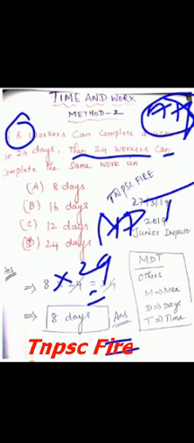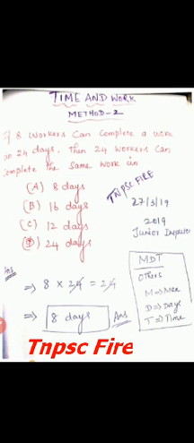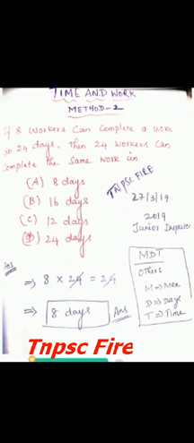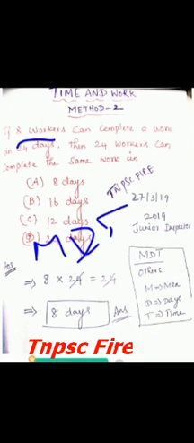In this model, you divide the question into before the sum and after the sum, and equate them. Here they give 8 workers, so I told you MDT by others.